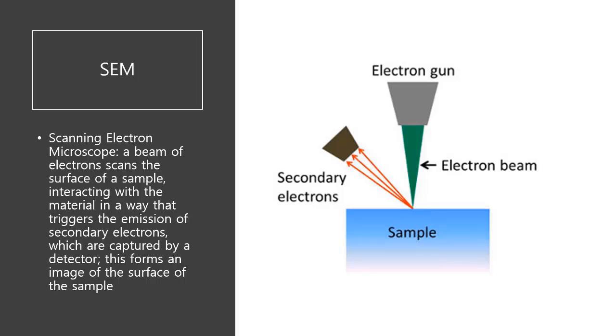The electrons interact with the material in a way that triggers the emission of secondary electrons. These secondary electrons are captured by a detector, which forms an image of the surface of the sample. The direction of the emission of the secondary electrons depends on the orientation of the features of the surface.